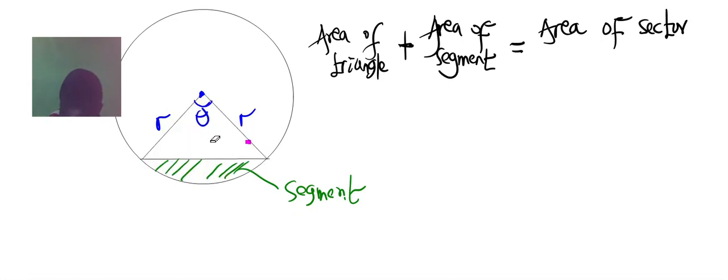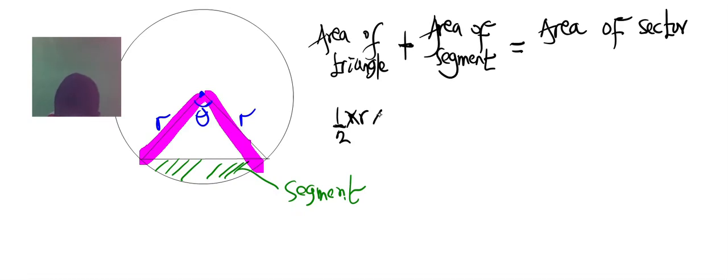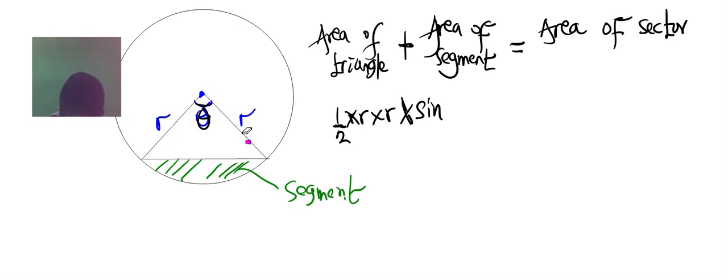So let's dissect that. So area of triangle is half the length here, r, times the other length, r, times sine of angle between them. We have explained that in our mensuration topic 1. That's sine theta. Plus, we're interested in finding the area of the segment.